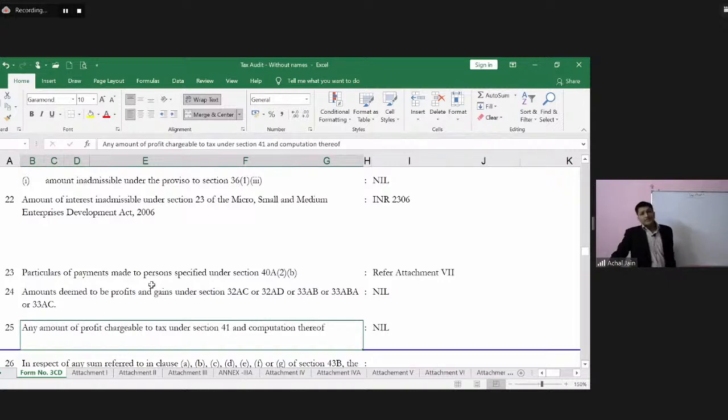The auditor needs to verify this. How will the auditor verify this? The auditor will have to first of all check whether such disclosure is given in the financial statements or not. And if the disclosure is given in the financial statements, he should trace this amount to the financial statements.